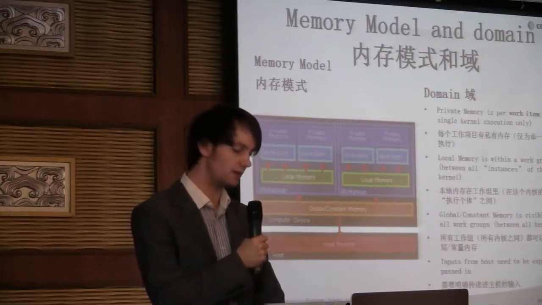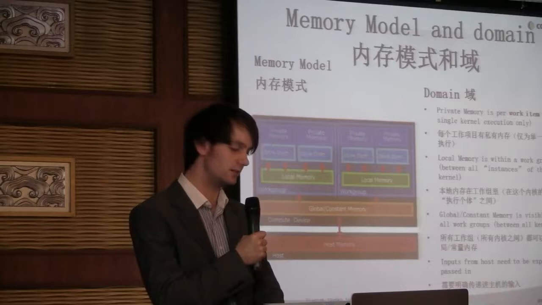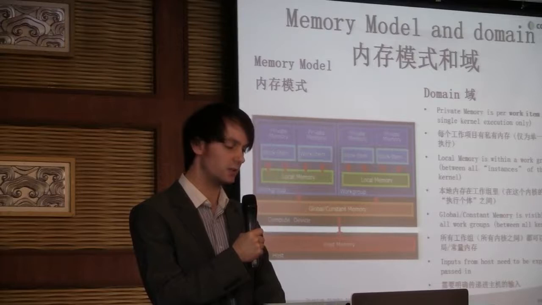Global memory is visible to all of the work groups, or all kernel executions, even kernel executions of different types. The input and output data is passed in explicitly from the host. The host, as I mentioned, is normally a CPU, and the programmer has to very explicitly provide the data in from the CPU into the parameters of the kernel.